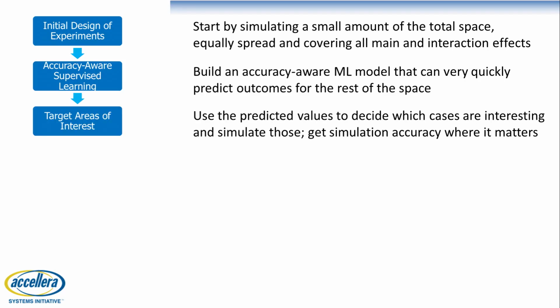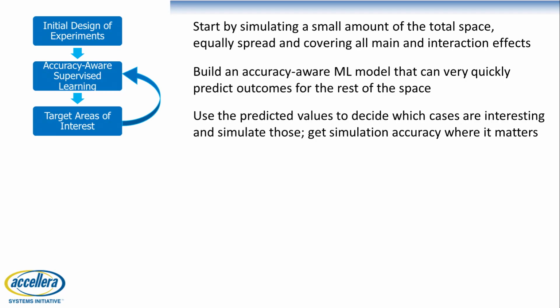The third step, this is where we get into active learning. Here we use the predicted values to decide which cases are interesting and simulate only those. The focus is to get simulation accuracy where it matters.